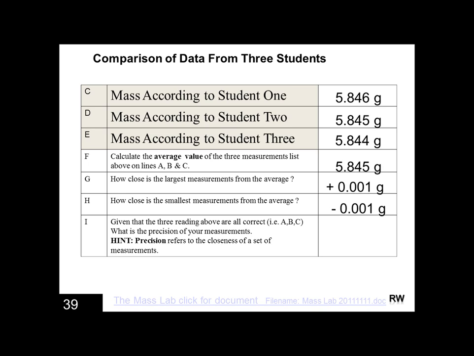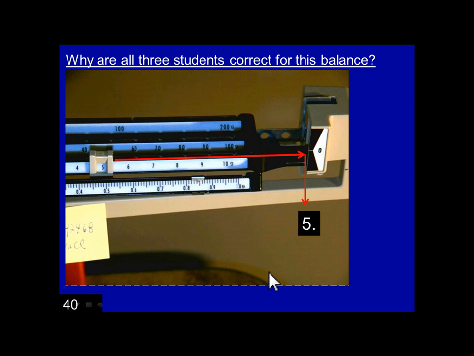So measuring the precision of these measurements, or the precision of this balance, looking at these values, you would say the precision is plus or minus 0.001 grams, meaning that you're confident that this balance could be precise within this range of plus or minus 0.001 grams.